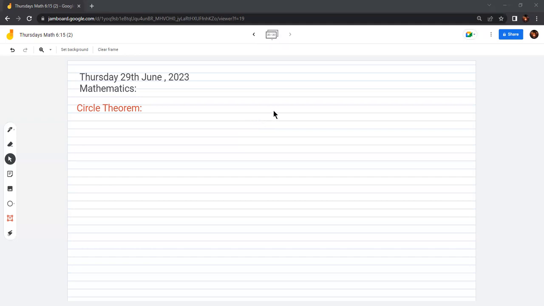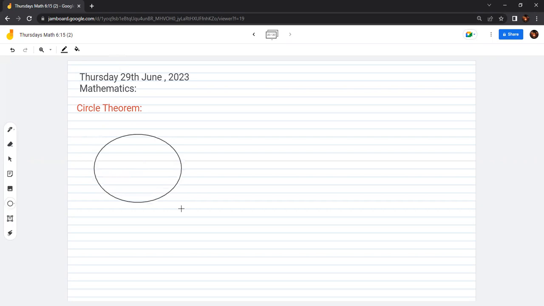Now, there are some basic facts that we must be able to take away when it comes to circles. Right? So we have some things we must know. You already know that the distance around the circle is known as your circumference.